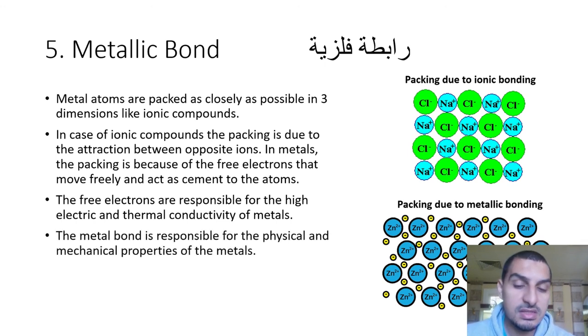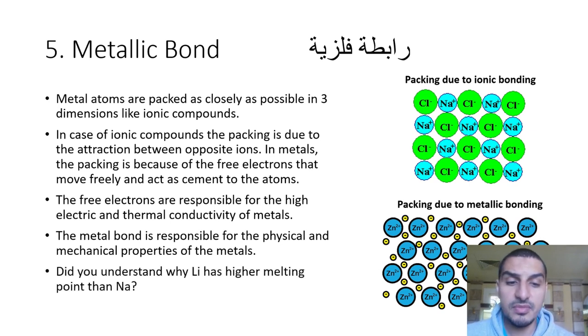And again, we said that it's responsible for the physical and mechanical properties of the metal, and it was kind of an explanation why lithium has a higher melting point than sodium, despite having lower atomic weight. If you're interested in more details, I'm not going to just repeat what I said before. Please go back to the transition elements video in this series, and you will find the details about that.